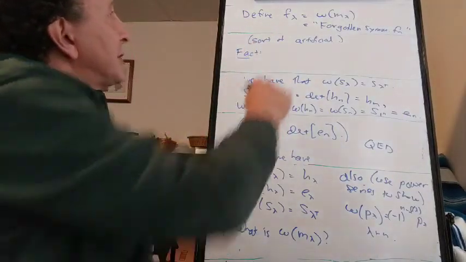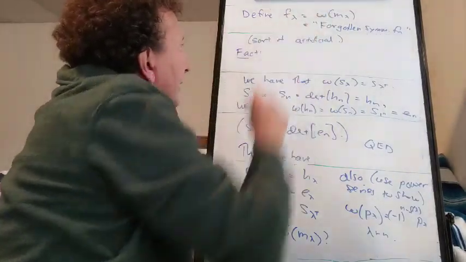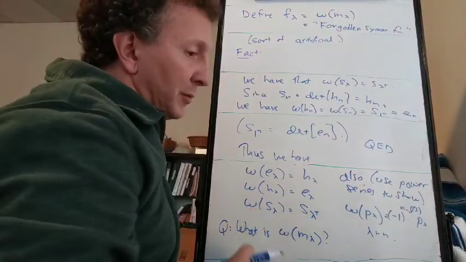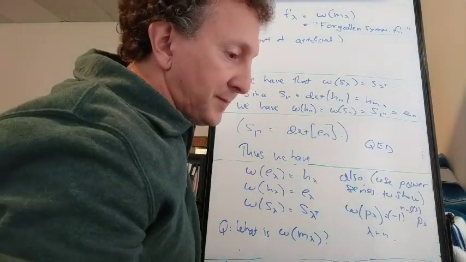It's possible to describe the forgotten symmetric function, the expansion of it, in terms of monomial symmetric functions.